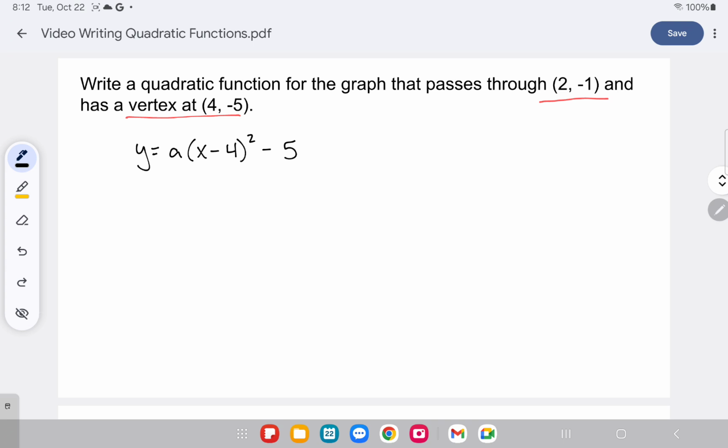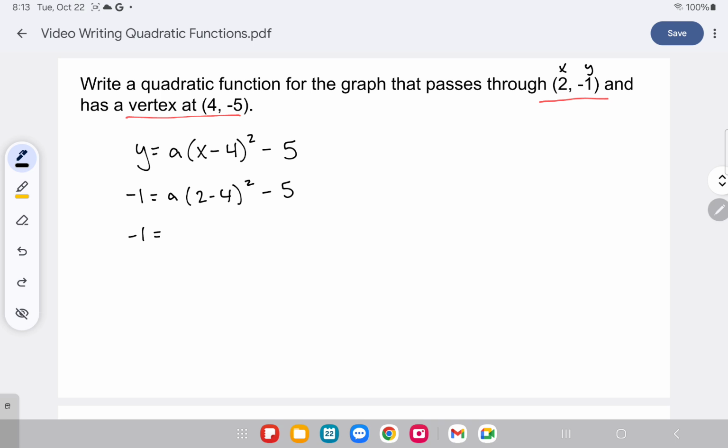And then I'm going to plug in my x and y so that we're able to solve for a. So when x is 2, y is -1, we plug those in because that's a point that's on the parabola, and then we solve for a.